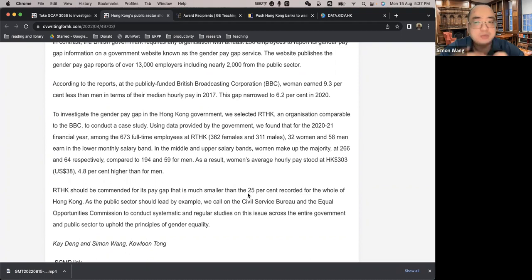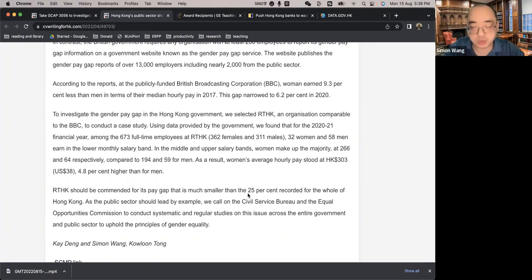But I think the more significant lesson we can learn from this particular case study is that it is actually feasible for us to look at each and every government department in Hong Kong and to investigate their gender pay gap. And presumably we are able to generate a much bigger, larger report on the gender pay gap of the Hong Kong government.